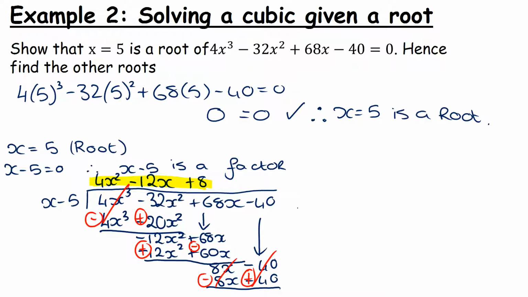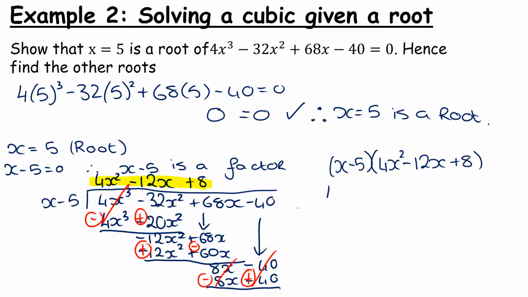So the polynomial we were given can be rewritten as x minus 5 multiplied by 4x squared minus 12x plus 8. However, although we have two factors, one of those factors, this one here, is actually a quadratic, so it could be factorized further.